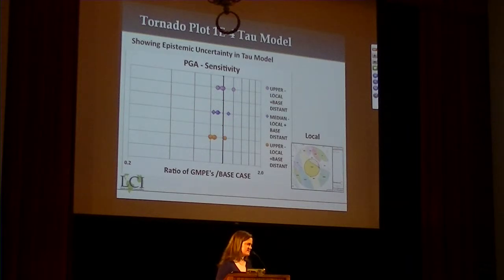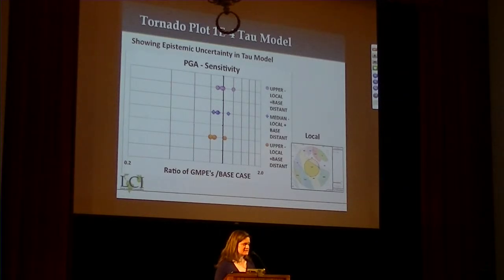Okay. This is the type of epistemic uncertainty you would see with this model, having an upper, median, and a lower. What you can take away from here is that the distribution isn't that great, and for the median, they fall below the ratio of the base case of 1.